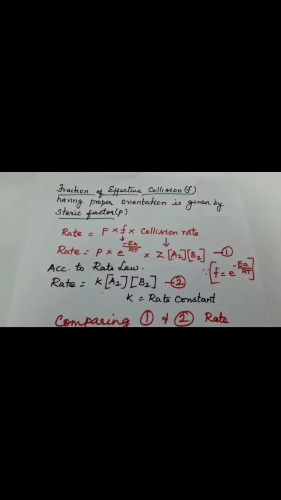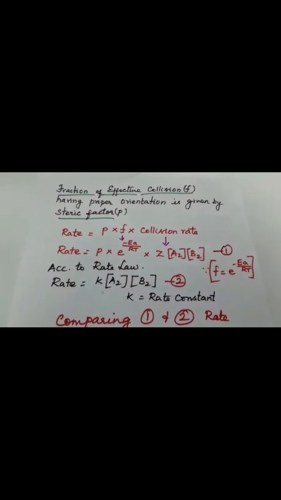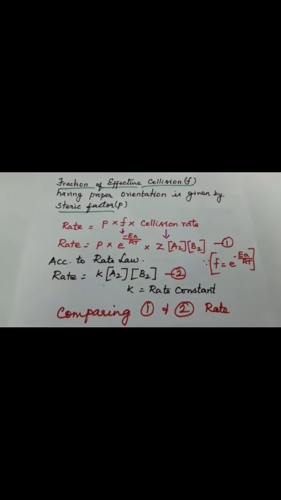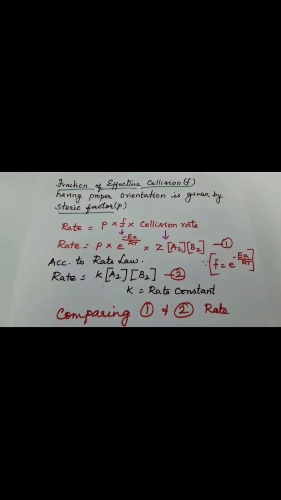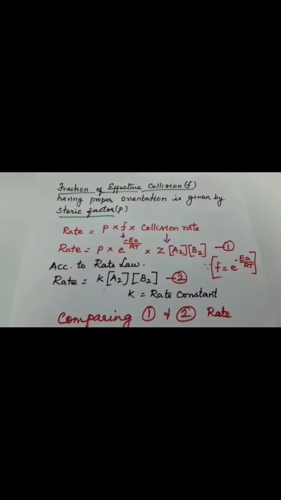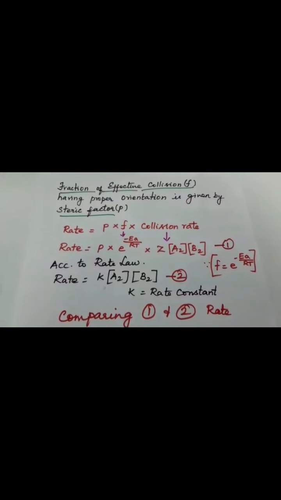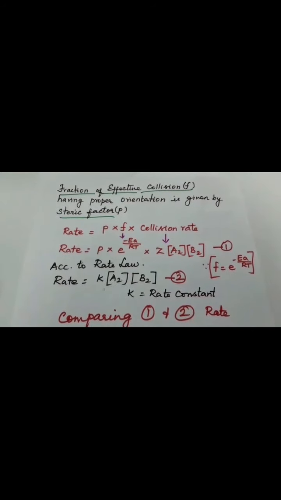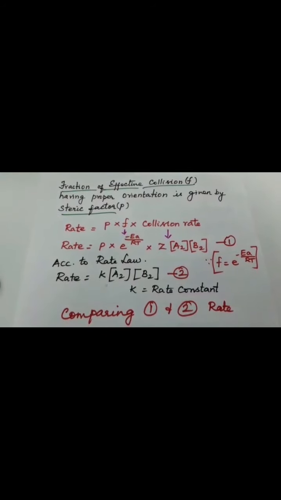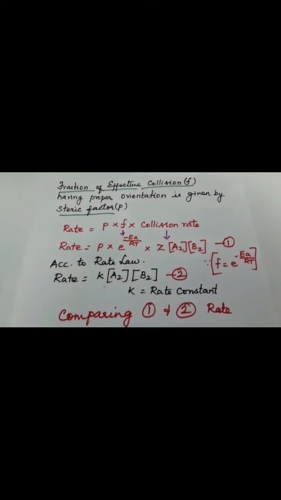Now we will see the fraction of effective collision. It is represented by the letter f. Having proper orientation is given by another factor called the steric factor, P. So we know the steric factor, the fraction of effective collision, and the collision rate we discussed in the very first point. For this we will find the rate.